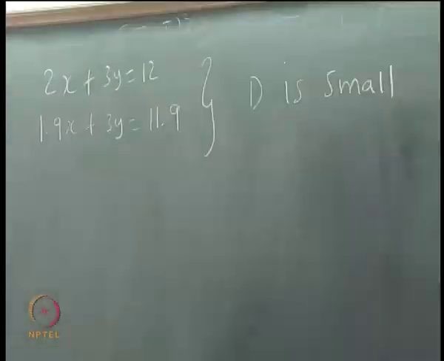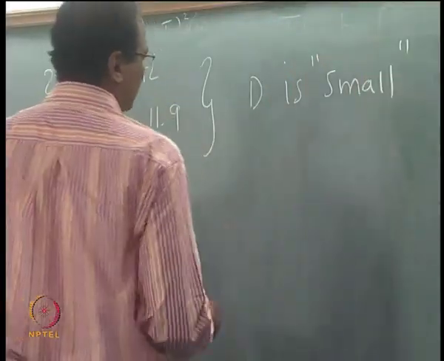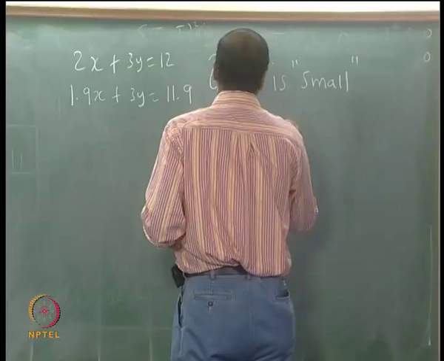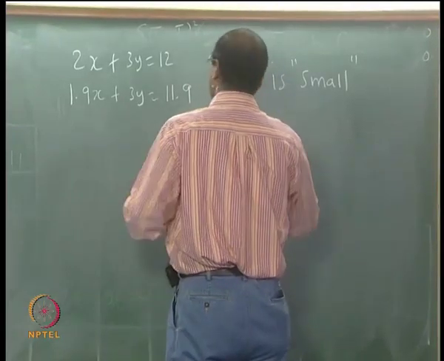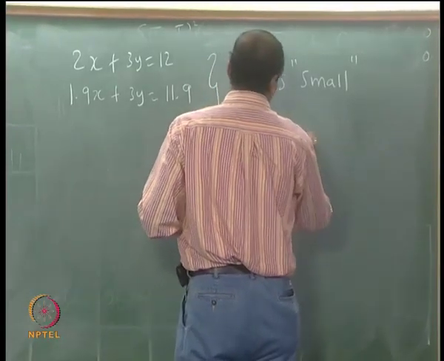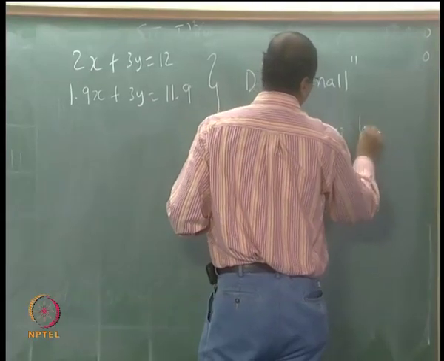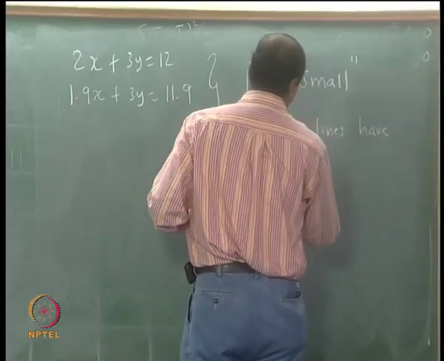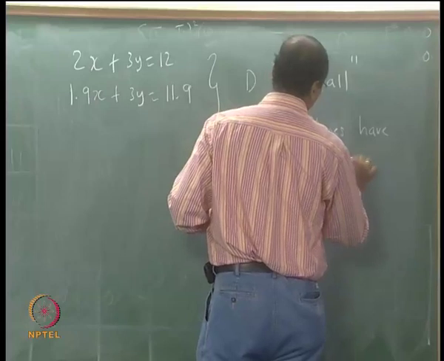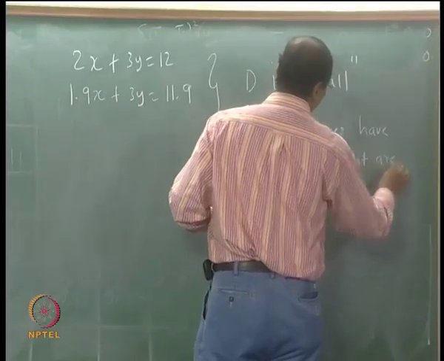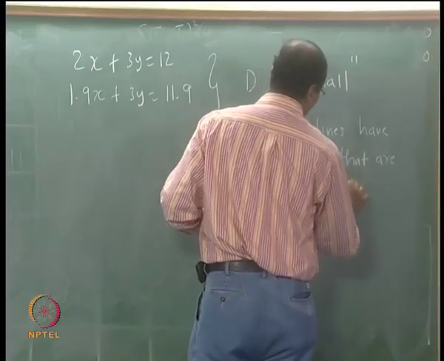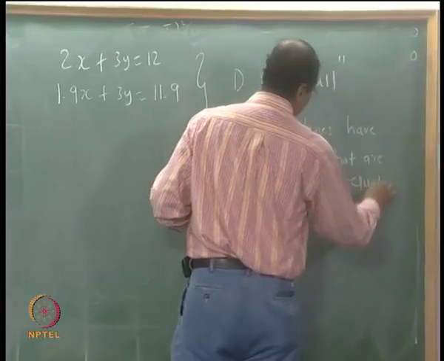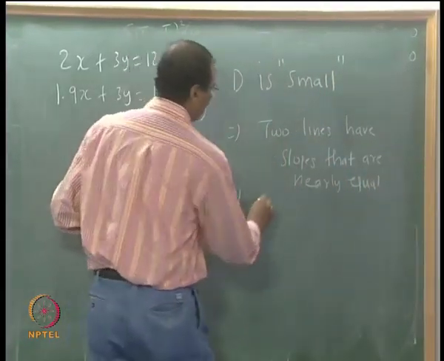So D is small, therefore two lines are very close, very difficult to locate point of intersection.